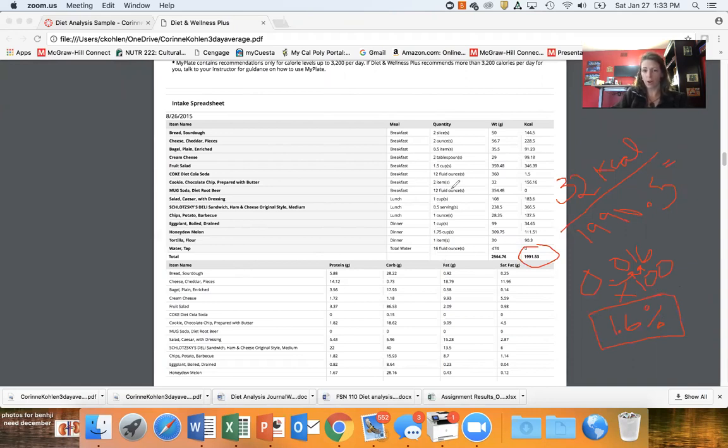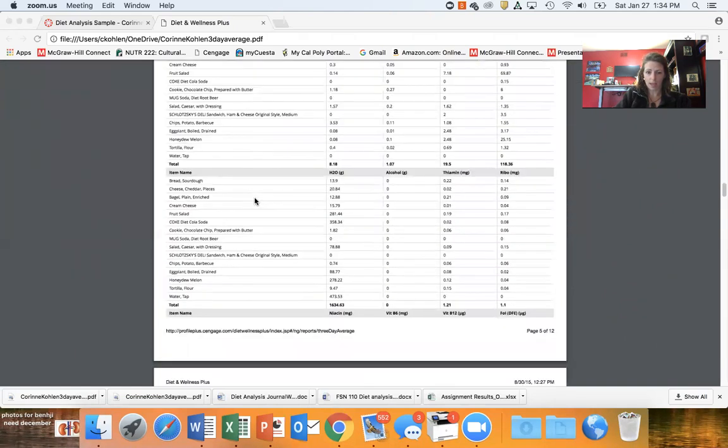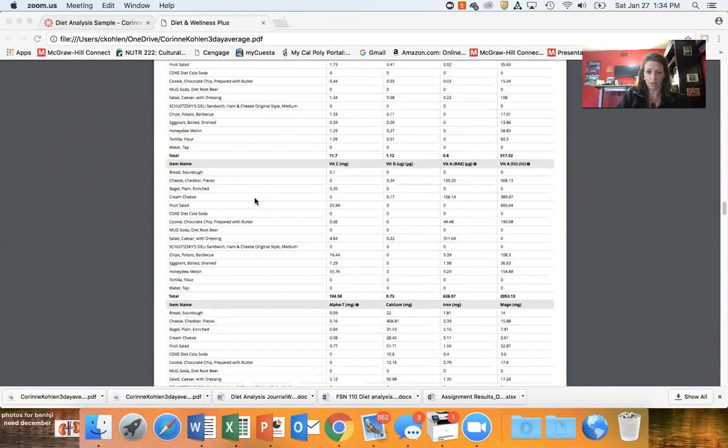You're going to do this for all days, and it's important to use this calorie number versus your average calories for the day. So your calories eaten each day should be different. So now I'm going to go to the next day and see if I ate any empty calorie sugar sweets.